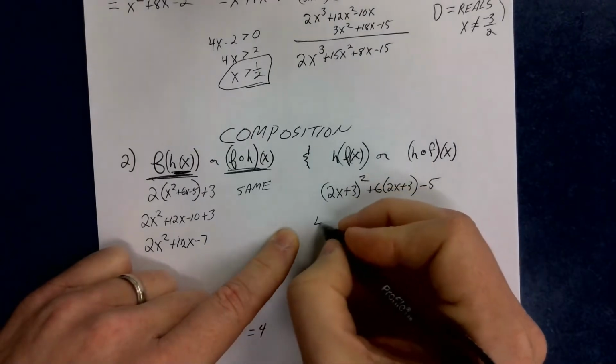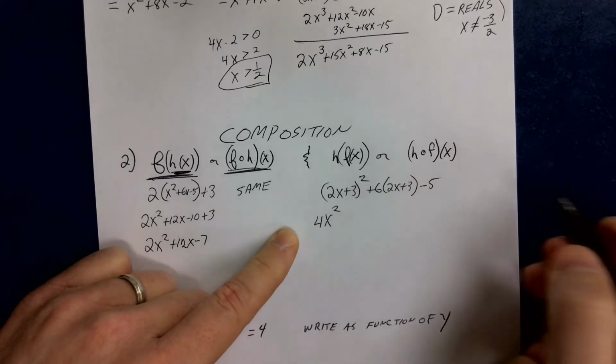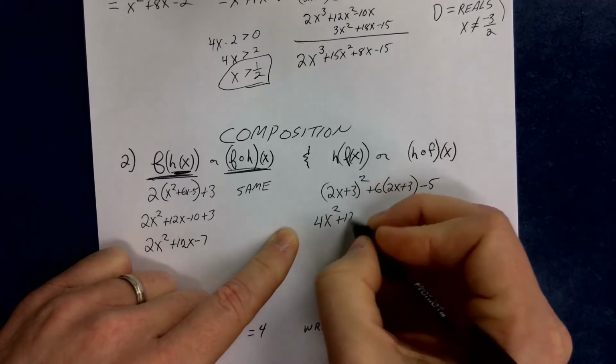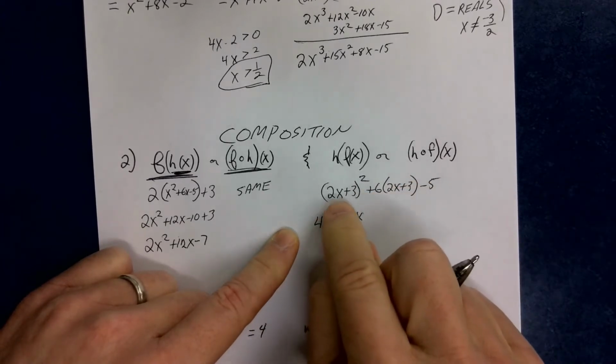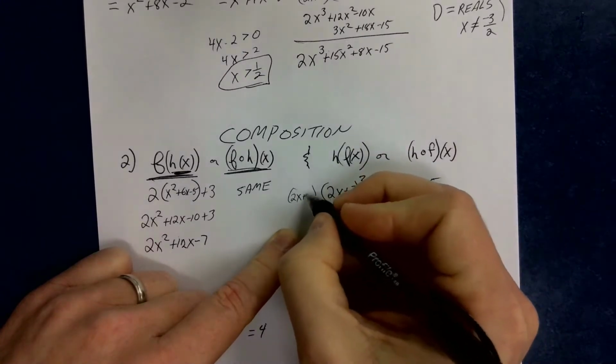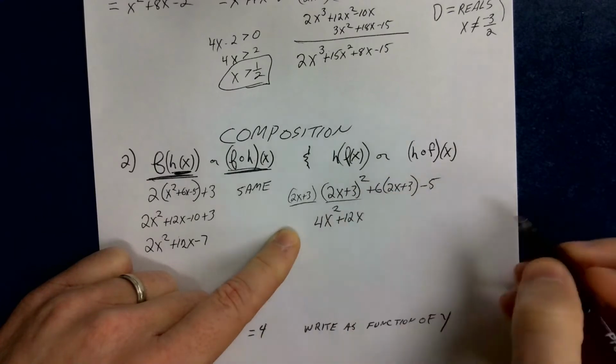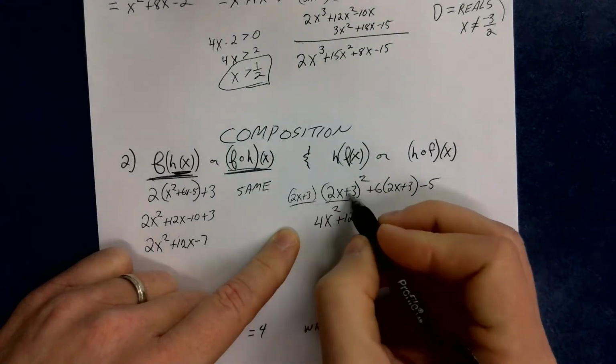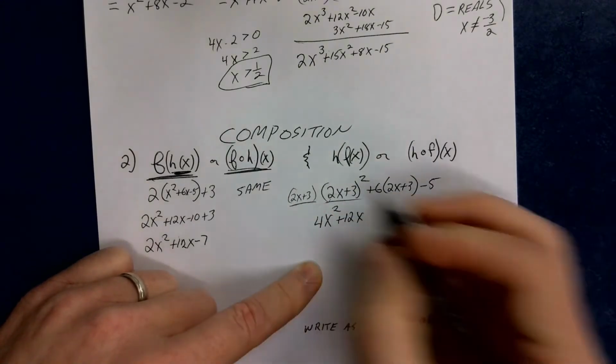Okay, so to combine them. 2x plus 3 squared, that's 4x squared plus 12x. Remember, because 2x plus 3 squared really means 2x plus 3 times 2x plus 3. So the inside of 6x and outside of 6x gives me the 12x.